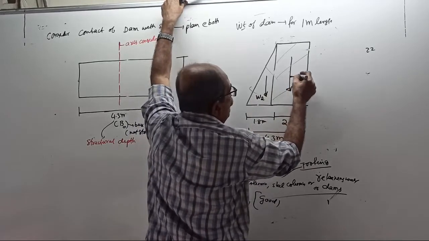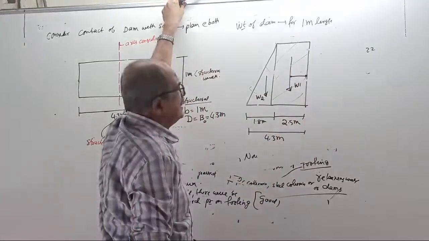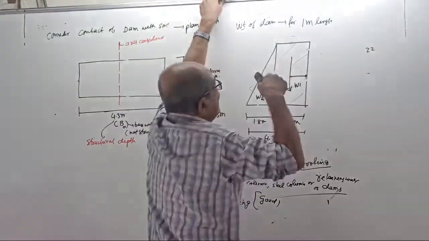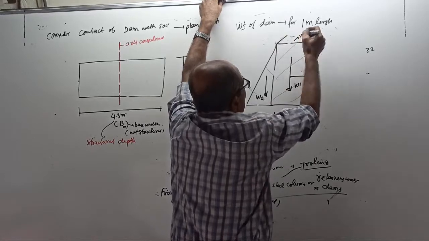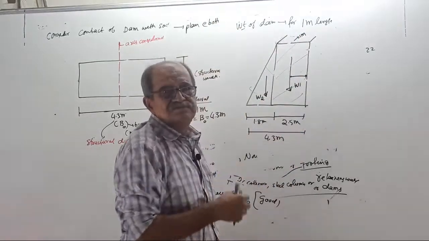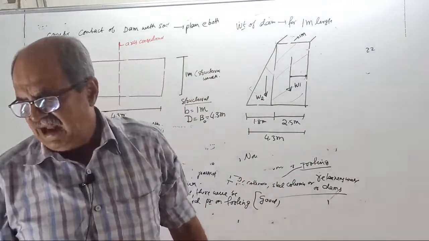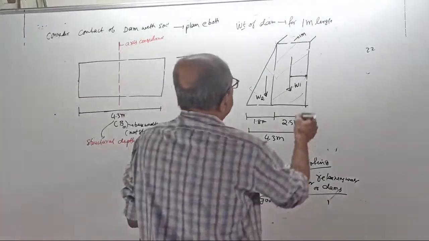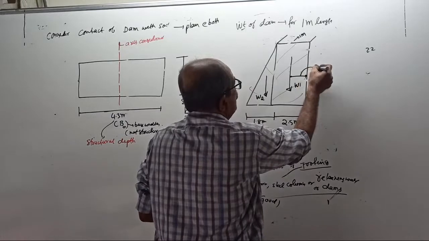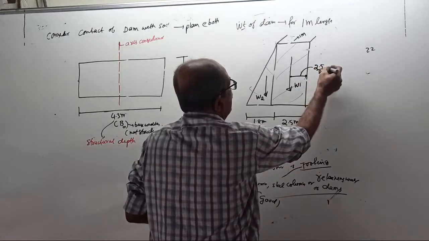Anybody can tell where W1 is acting from here? See, this way is 1 meter. Where will W1 act from here? Fast. It will be 2.5 by 2, equal to 1.25 meter.